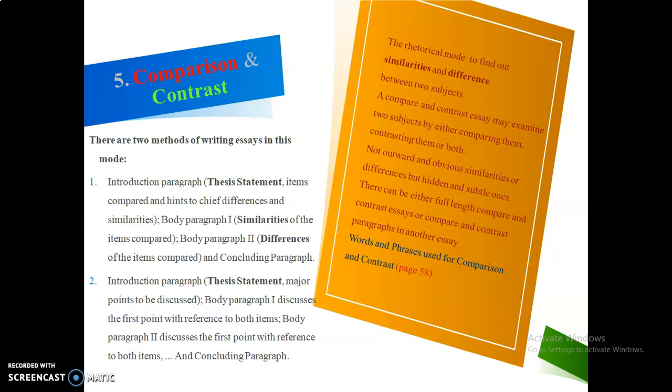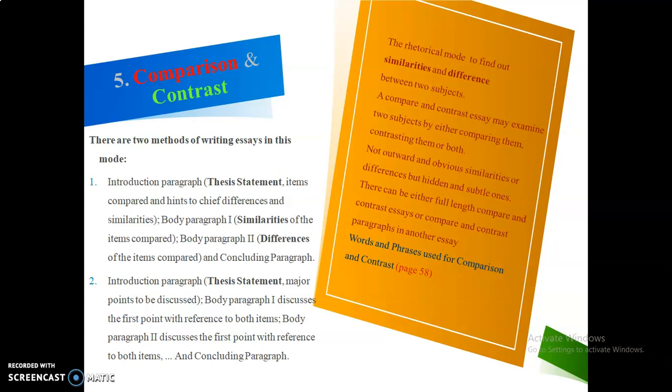In body paragraph 1, similarities of the items compared are given. In body paragraph 2, differences of the items compared are given, and it will have a concluding paragraph. So this is the first method.